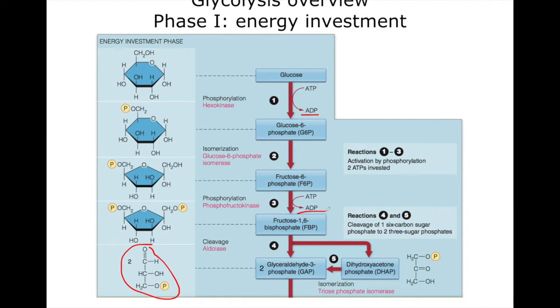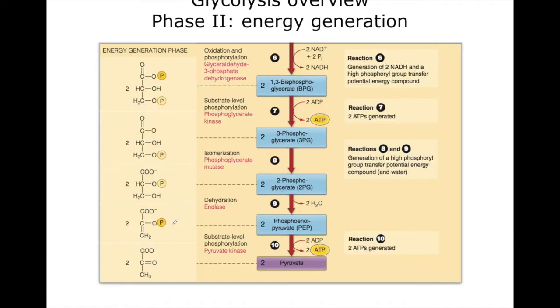in order to occur. Now here we're going to pick up with our 2 glyceraldehyde 3-phosphate molecules, and we're going to follow their conversion into 2 molecules of pyruvate. These last 5 steps of glycolysis are considered the energy generation phase because we will produce 4 molecules of ATP.